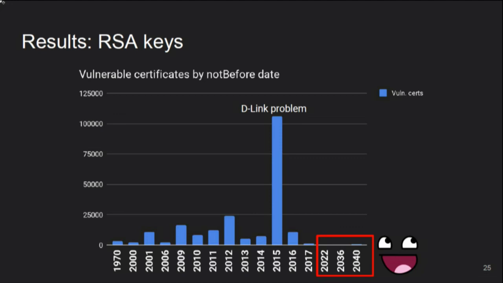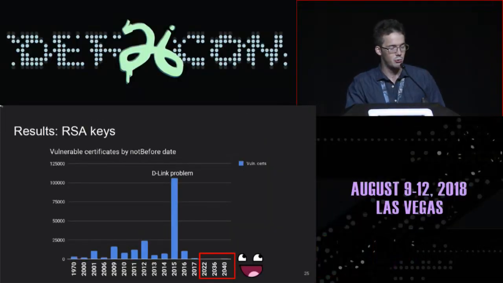In 2015, according to our historical scan data, a lot of D-Link routers were having problems, and that's fun because a previous study done in 2016 about batch GCD found the problem and they got it patched. That's nice. A few certificates are not valid before 2040. Wait, I'll maybe have a quantum computer by then. Why would you do that? Bad idea.